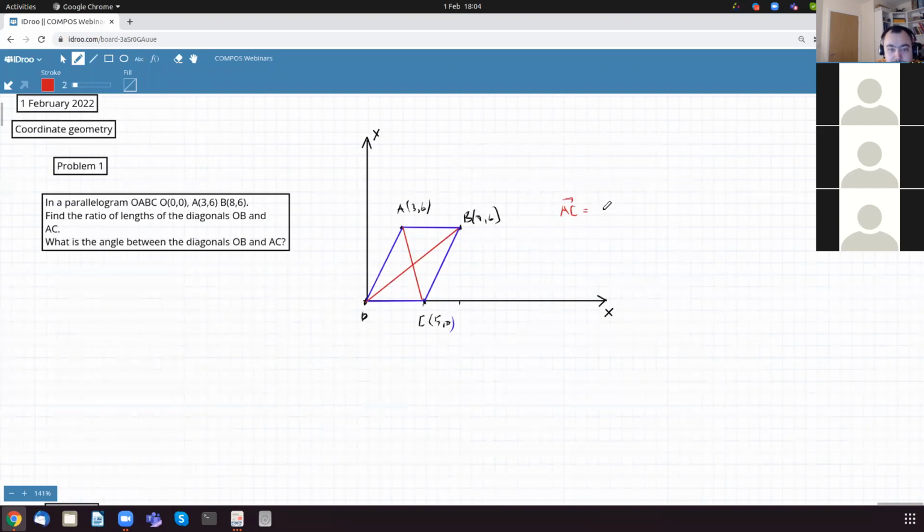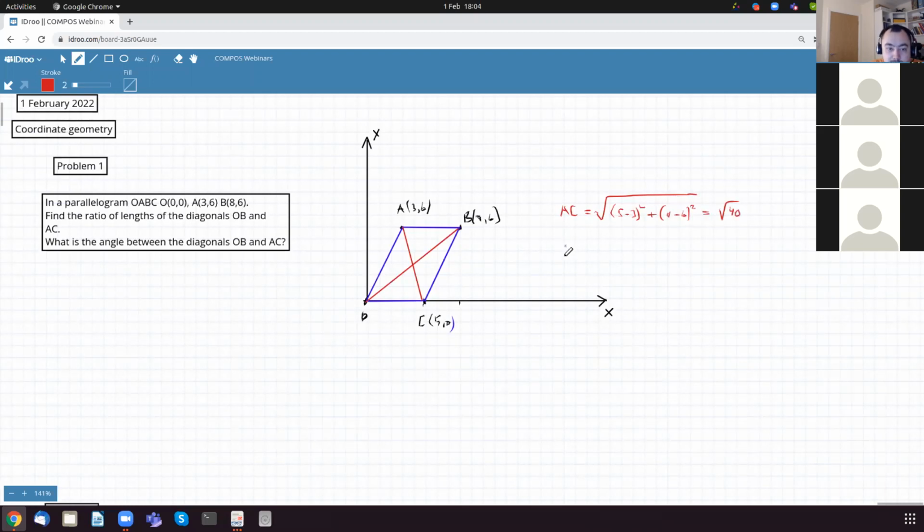The length of AC is the square root of (5 minus 3) squared plus (0 minus 6) squared. And that is the square root of 4 plus 36, square root of 40.